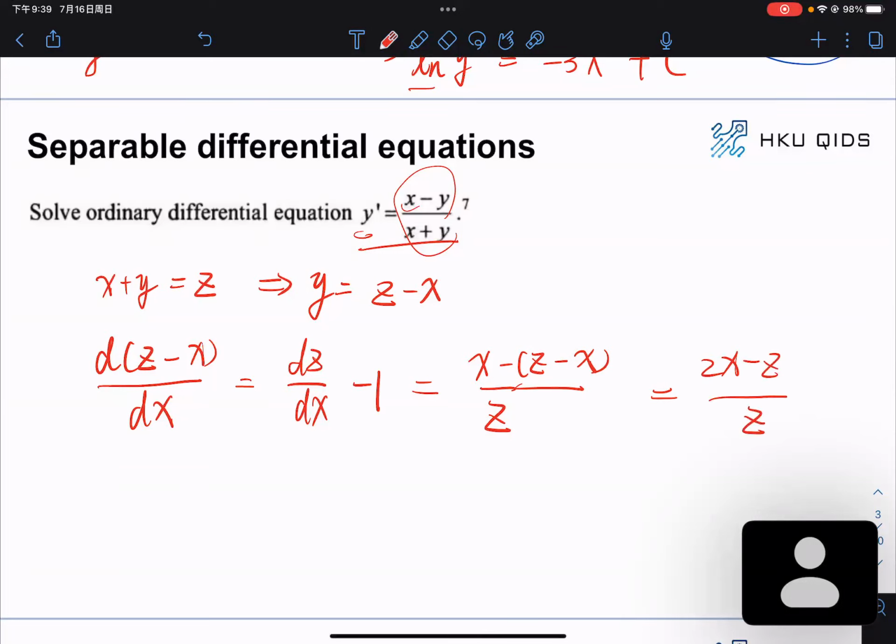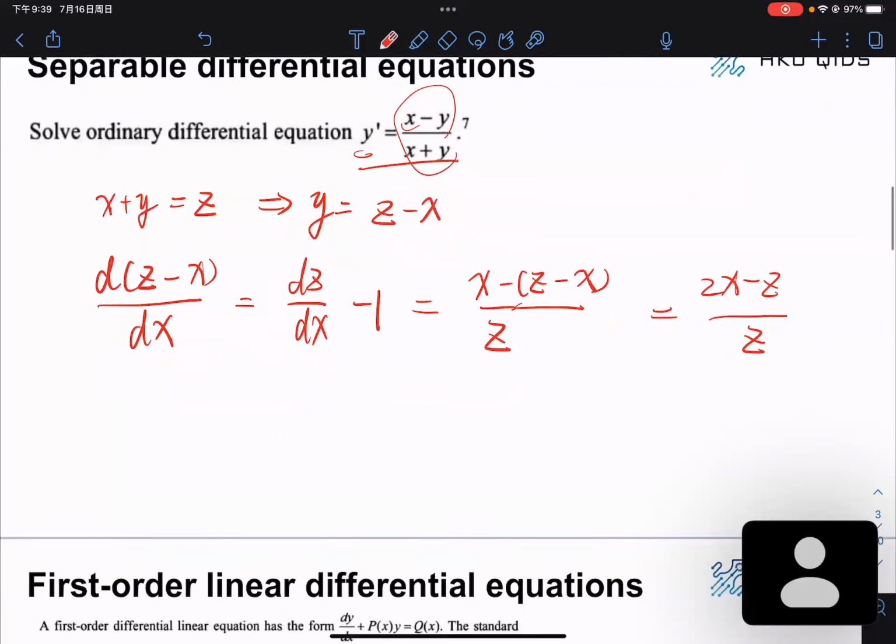Okay, now we can rearrange it. Sorry, wait a minute. We have a minus 1, so we can further separate it into 2x over z minus 1, right?